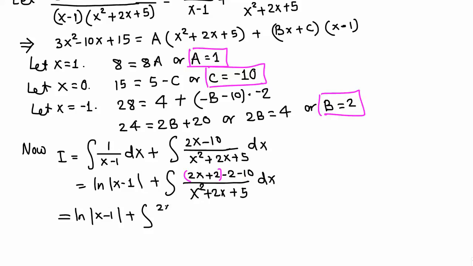So (2x + 2) over (x² + 2x + 5) is one fraction, dx, minus 2 minus 10 is minus 12, so minus 12 I can pull outside, and 1 over x² + 2x + 5.